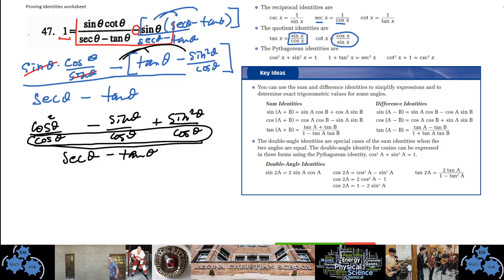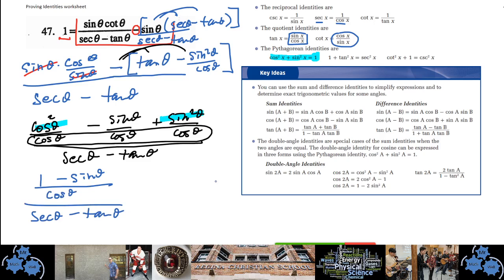Okay, so cos squared, another thing I'm seeing, cos squared plus sine squared. See that? Cos squared plus sine squared is 1. So that's going to be really 1 minus sine all over cos. Let's just do one step at a time here. So 1 minus sine theta over cos theta all over secant theta minus tan theta.